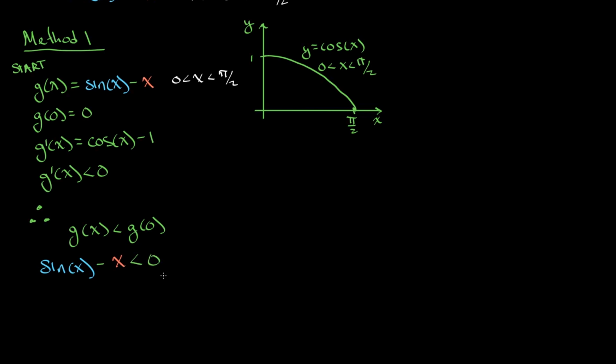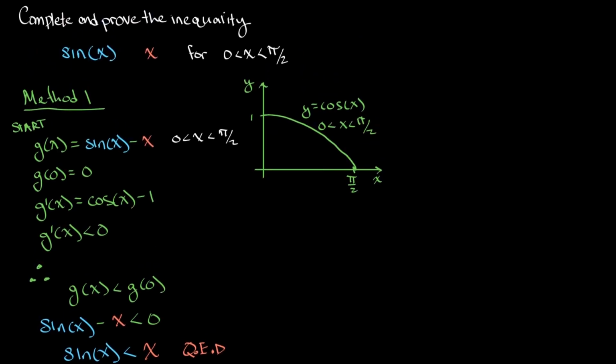And then we just add over this x, and we have the following. We have that sine of x on our interval is actually going to be less than x. And we can put a QED at the end, quod erat demonstrandum. So we have sine of x is less than x. So that is what we find here.